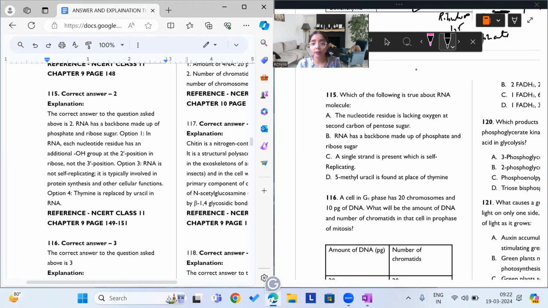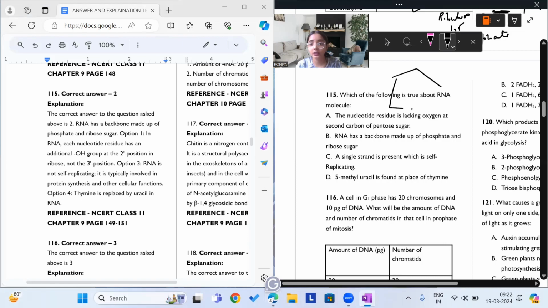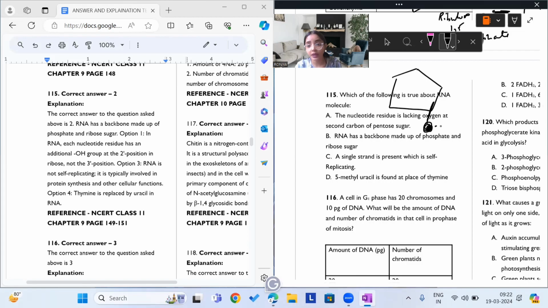So in pentose sugar, something like this, on the second carbon, the oxygen is present. OH is present on ribose. And RNA is ribonucleic acid. So it has ribose, and ribose has oxygen on the second carbon at this place.